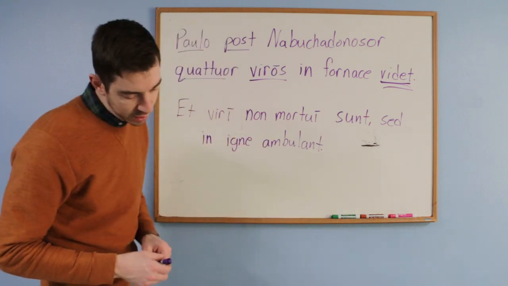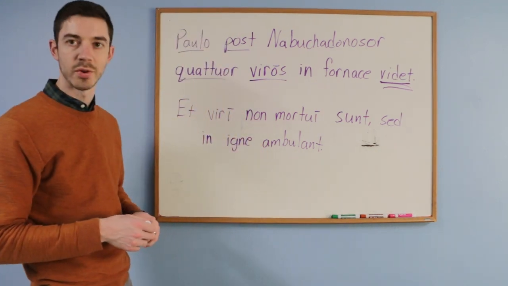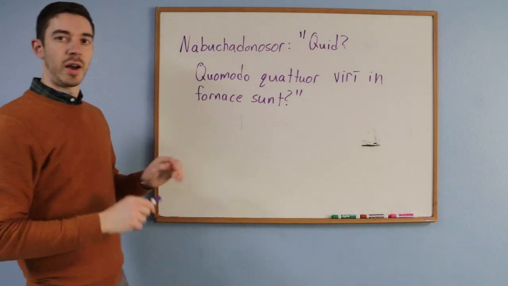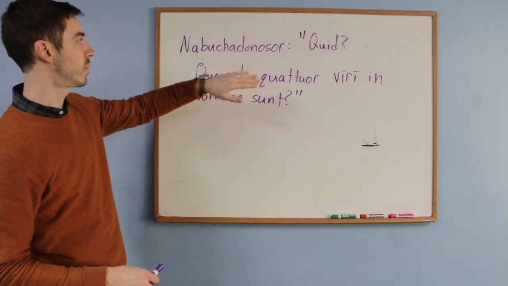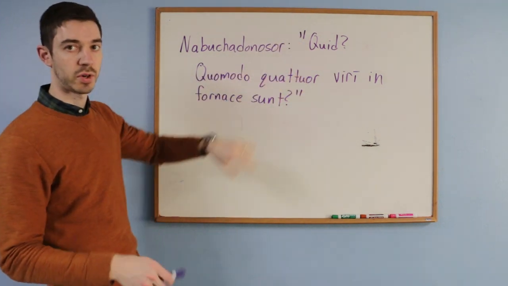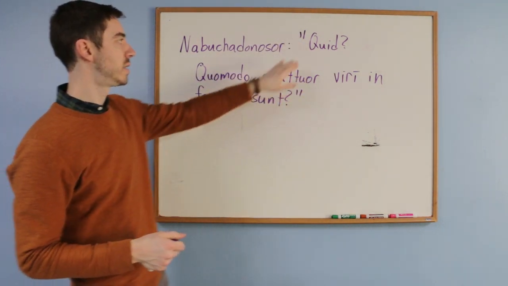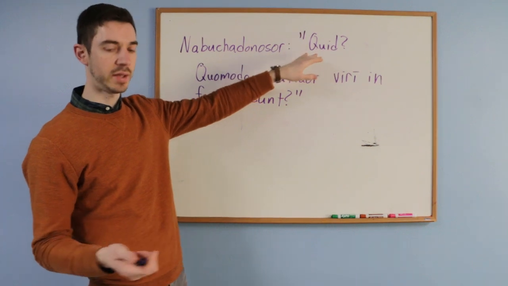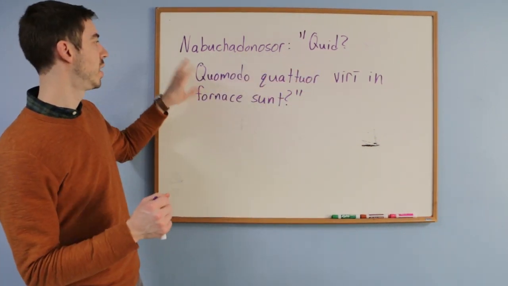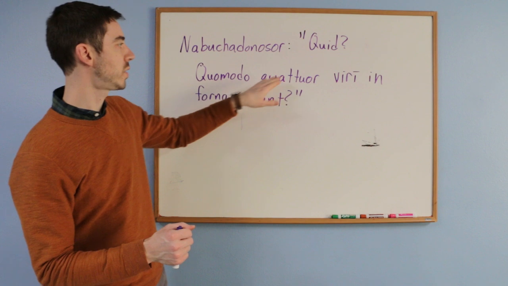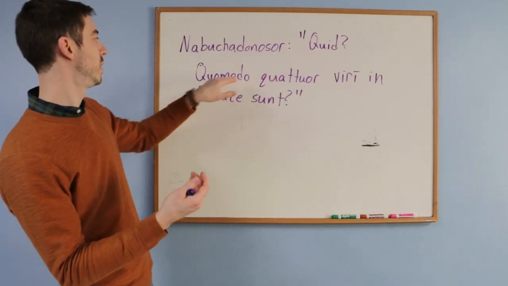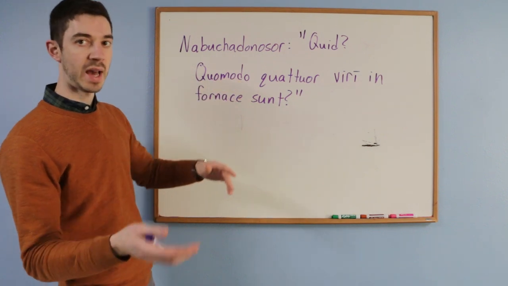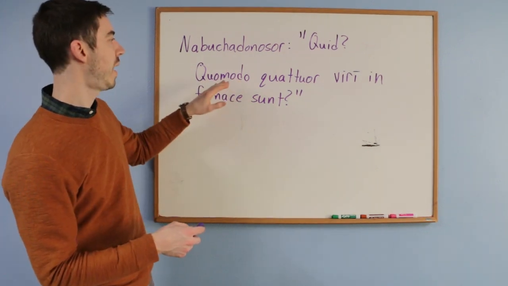So next page, go to page 208, and we'll do that next sentence. All right, so next sentence. Nebuchadnezzar, he says, we got quotation marks, so this is Nebuchadnezzar talking. He says, quid, which means what? This is another special word on your list. Quomodo, quattuor viri in fornace sunt. So he says, what? And then quomodo, which means how, it's another special word.